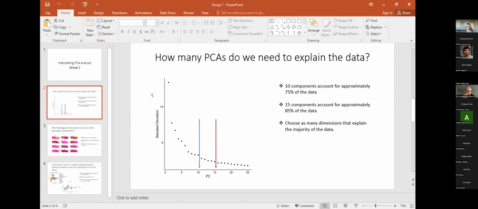But qualitatively, the standard deviation represents how much variance you've explained in your data. And if you remember how we do the principal component analysis, we try to find groups of genes that explain the most variance in the data, and that's our first principal component.